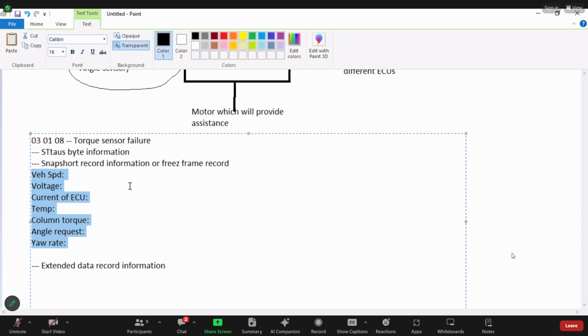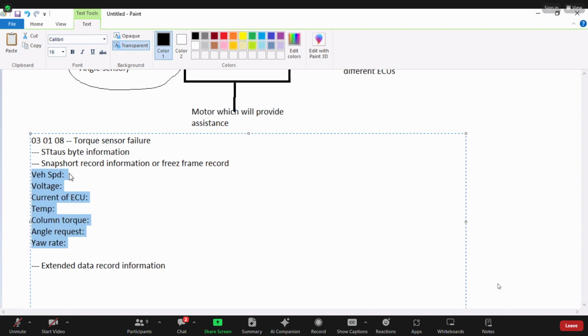Why is this required? Can anybody tell? Let's say in the future, a developer wants to analyze the reason this fault has happened. By seeing this snapshot record, he can analyze. Understood?